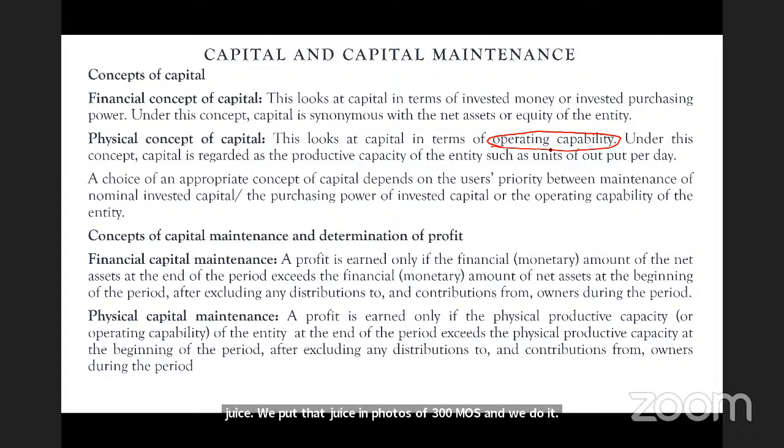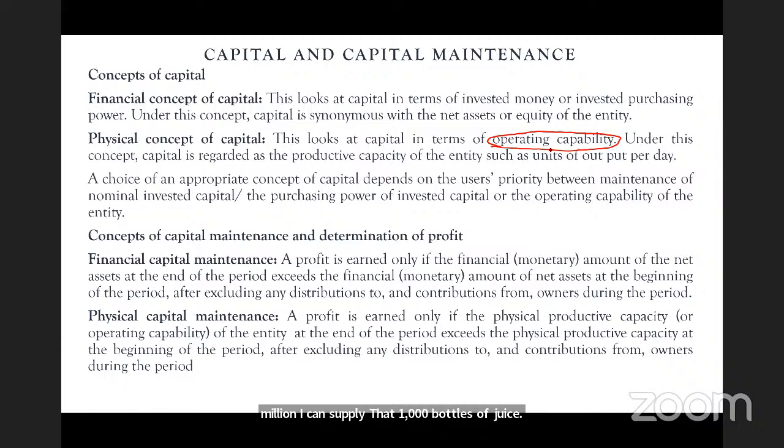What we call the physical concept of capital is the operating capability. That if I start with 50 million, at what capacity can the 50 million take me? That in a year, using that capital of 50 million, I can supply 30,000 bottles of juice. Are we together, guys?